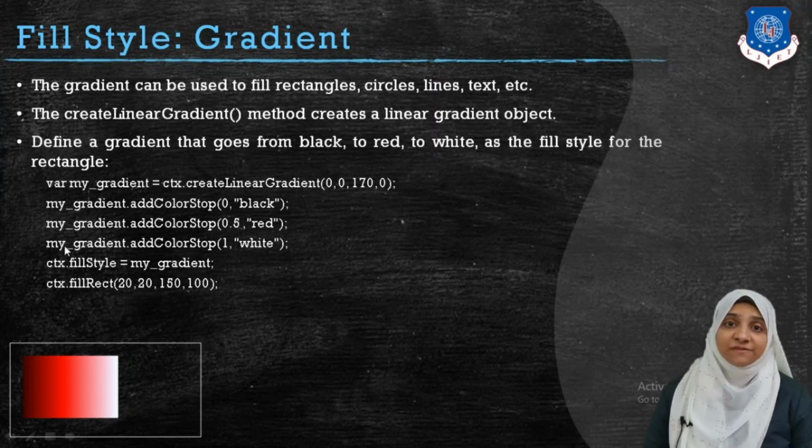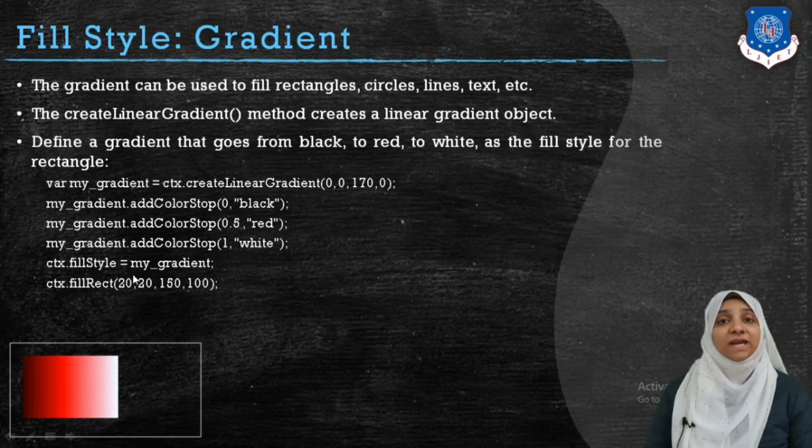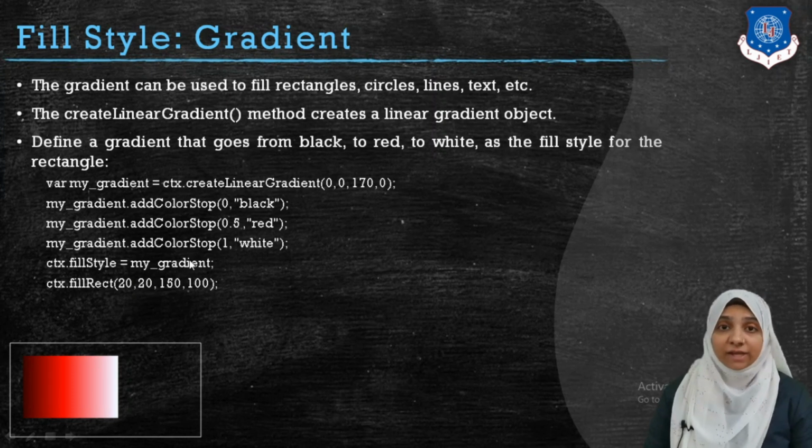Once the gradient is defined and color stops are added to it, we set the fillStyle property to the gradient variable. So we write ctx.fillStyle equal to, instead of specifying any color name in double quotes, the gradient variable myGradient, semicolon.